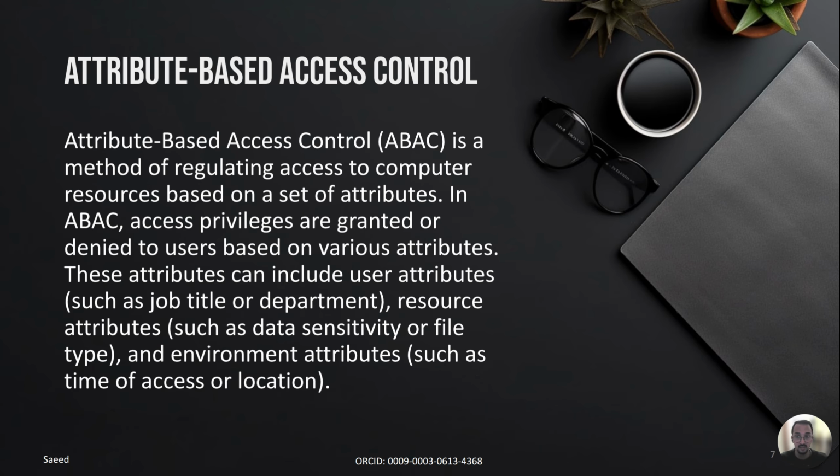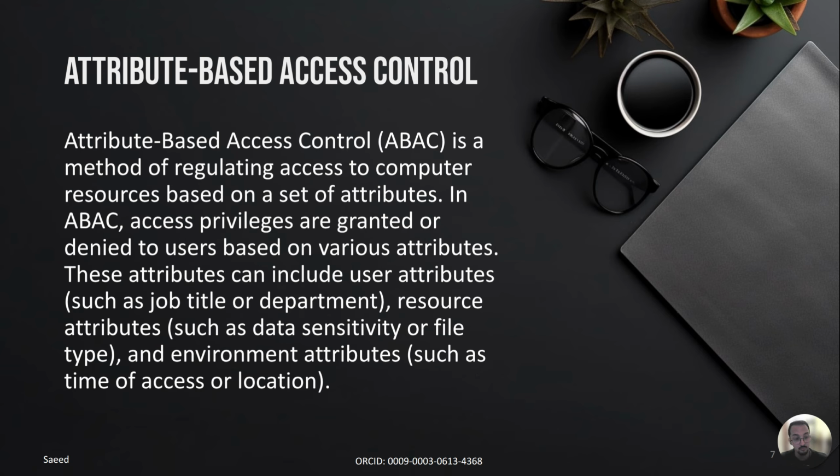Now, attribute-based access control. This is a very important one. It regulates access to computer resources based on a set of attributes. This could be the job title, department, data sensitivity, file type, or environment attributes like time of access or location. Very important, because if you're a big company like Google, IBM, Microsoft, or Nokia, these companies have multiple branches across the globe.